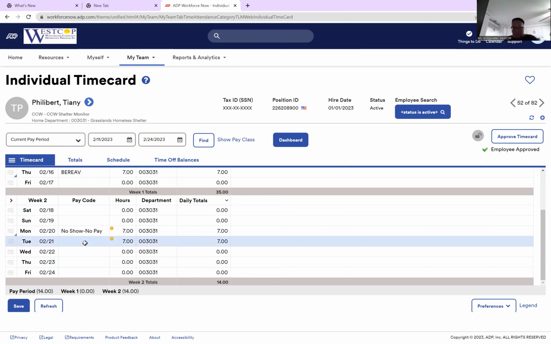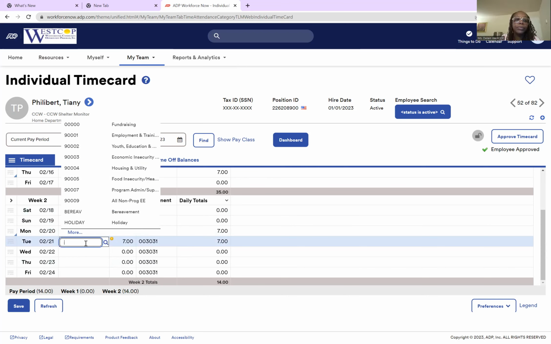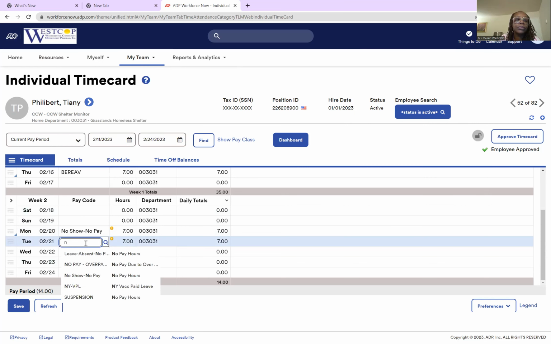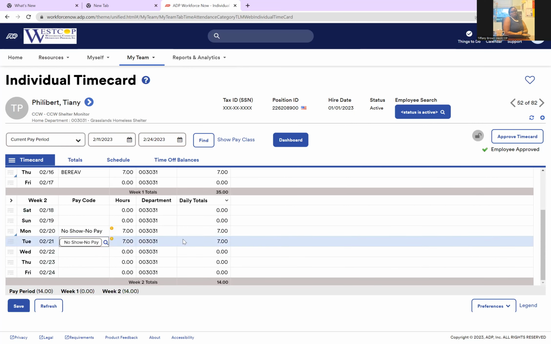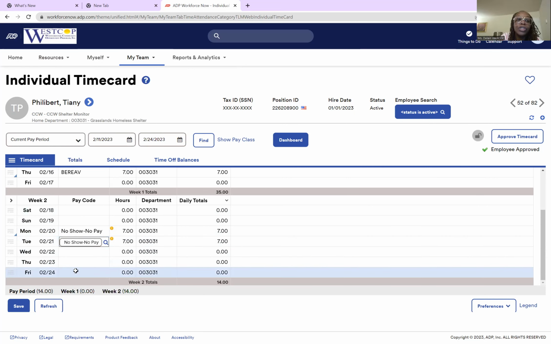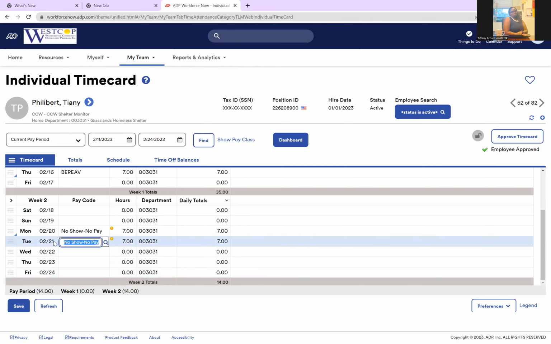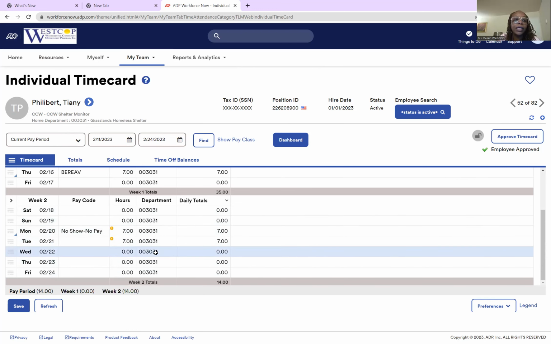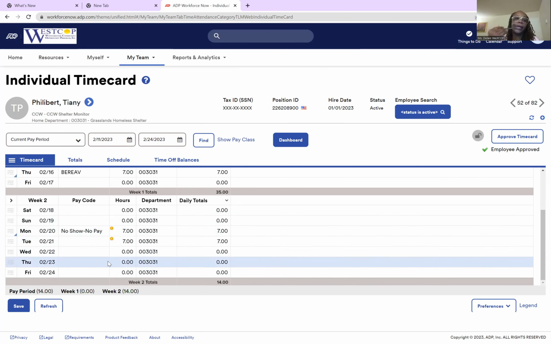And so she didn't come in Tuesday. No. See, she put in here that she came in. No, excuse me. She did come in Tuesday, but she didn't remember Wednesday was her day off. Didn't come in on that Wednesday and called out on that Thursday. Why did she call out on Thursday?